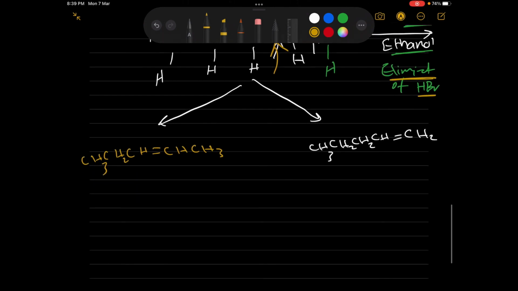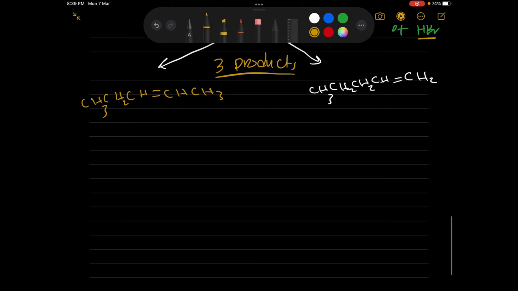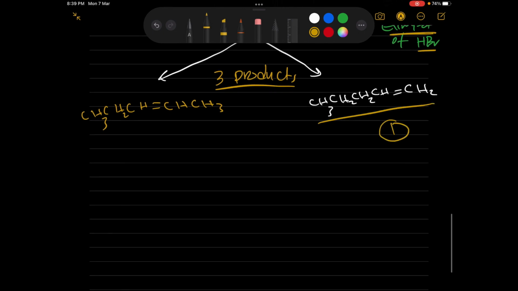So according to what we have, you could have three products. In this case, the three products indicate that you will have this one, which is the first one, and you have this. How can I make two compounds of this?